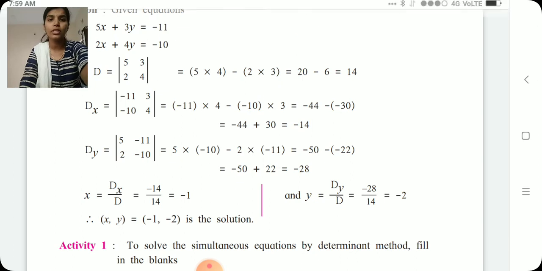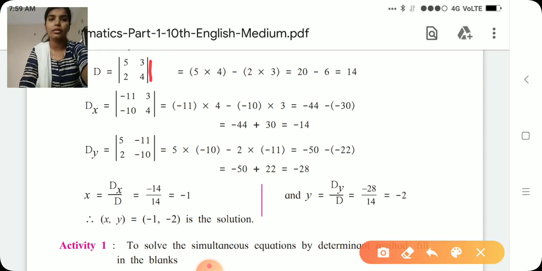So instead of that 3 4 we have to write down minus 11, minus 10. Then we are solving that determinant. 5 into minus 10 is minus 50. Then 2 into minus 11 is minus 22. Okay. Then minus 50 plus 22 is equal to minus 28.